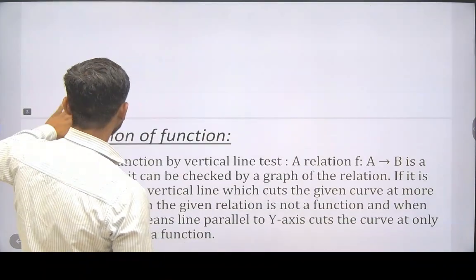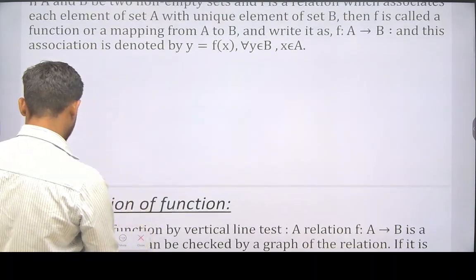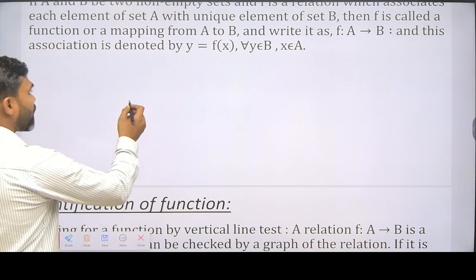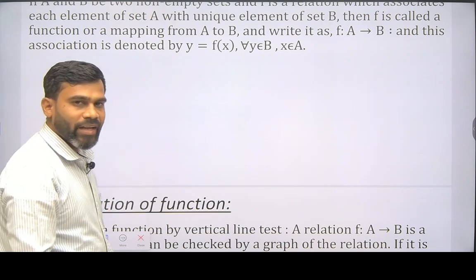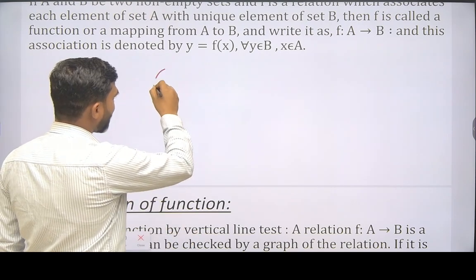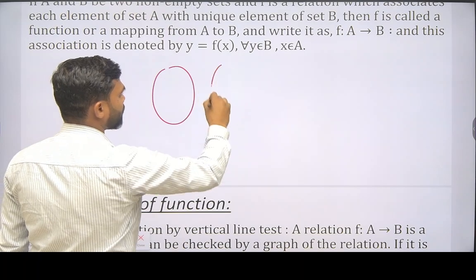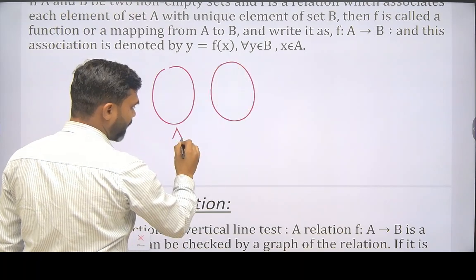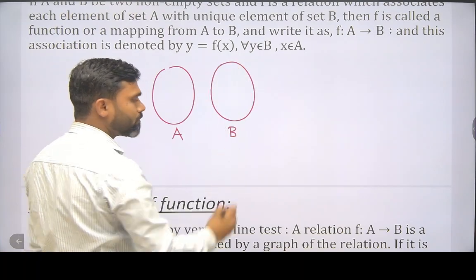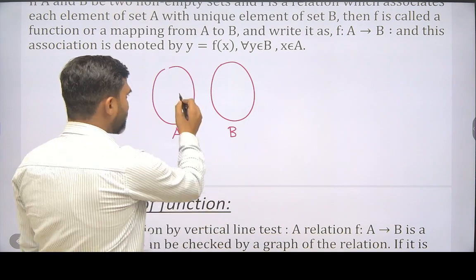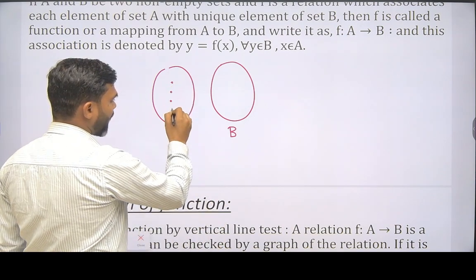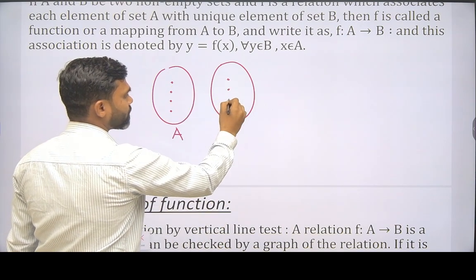See, suppose, let me draw some mapping diagram. Okay, suppose we have two sets, A and B. These are the non-empty sets. These are the elements in set A and set B, right?